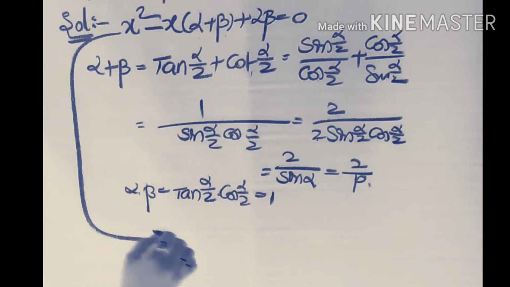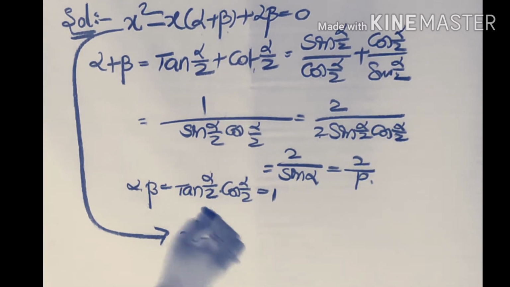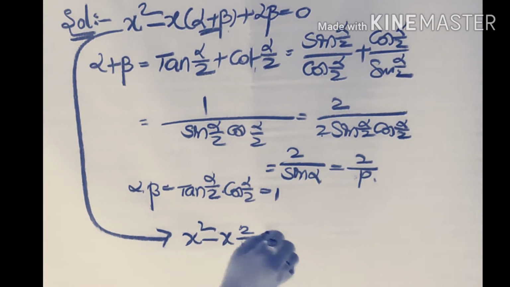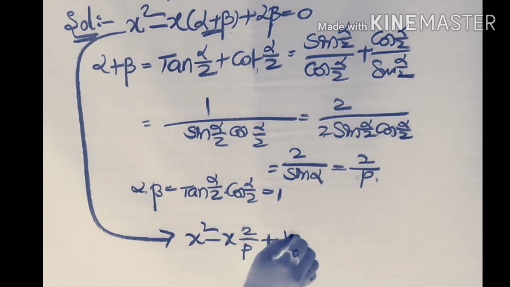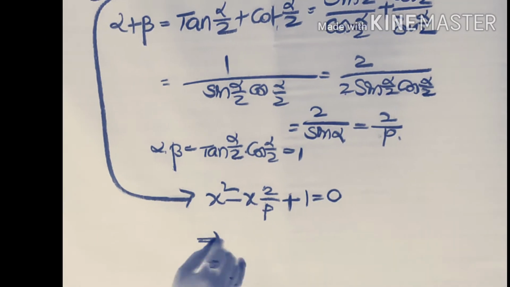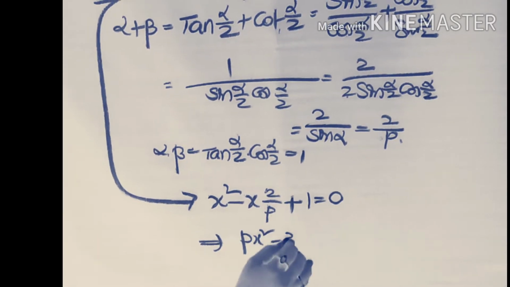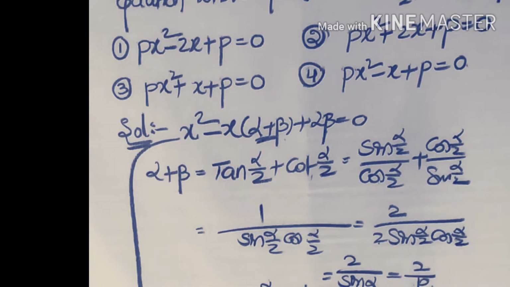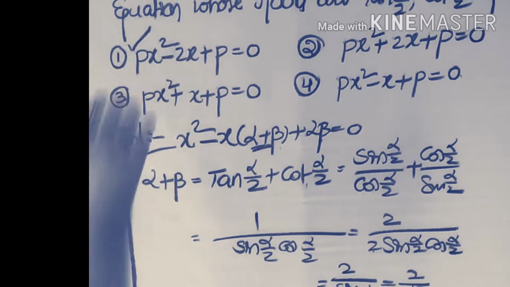Therefore, the equation is x square minus x into (alpha plus beta), alpha plus beta is equal to 2 by p, plus alpha beta, alpha beta equal to 1. Now taking LCM, px square minus 2x plus p is equal to 0, which is the first option.